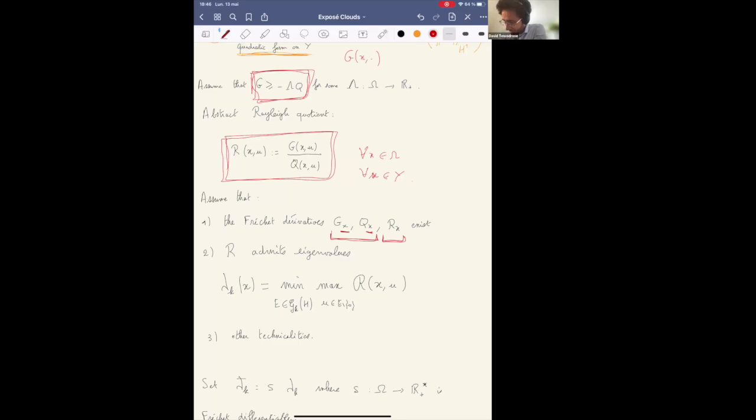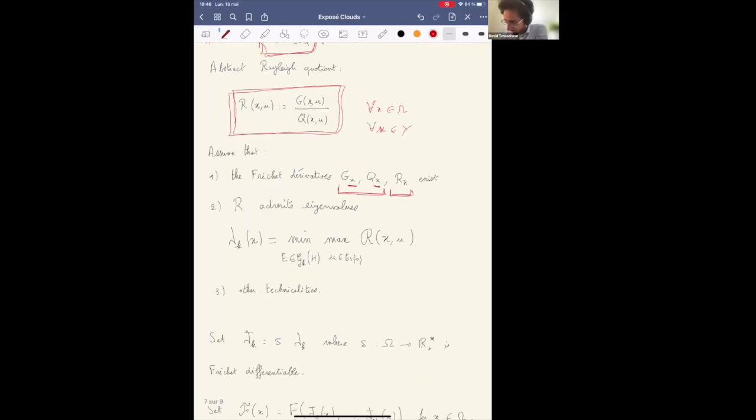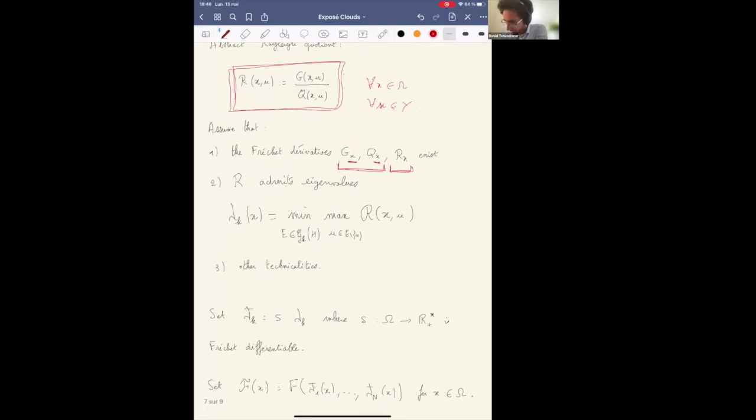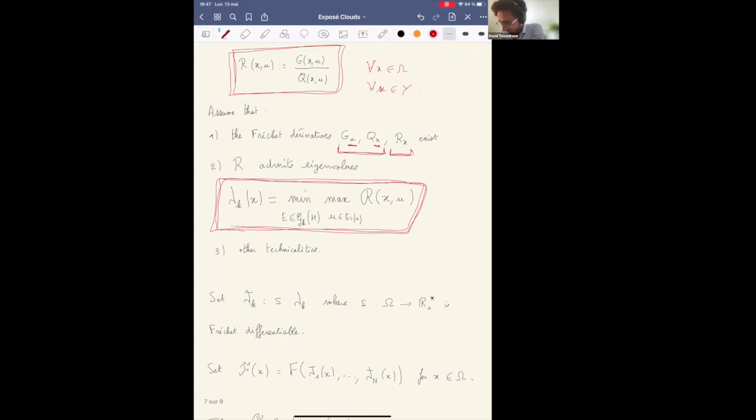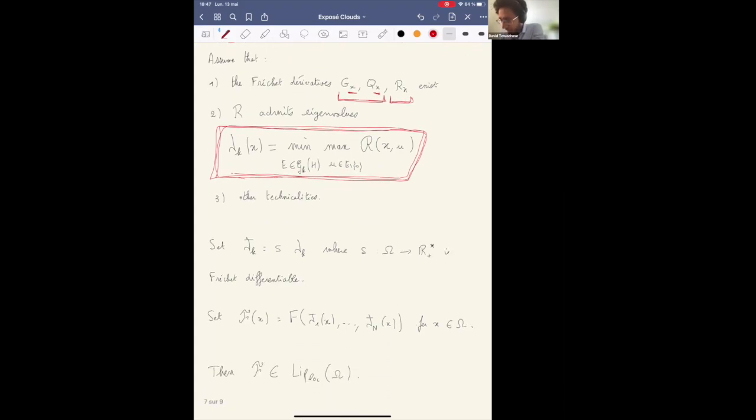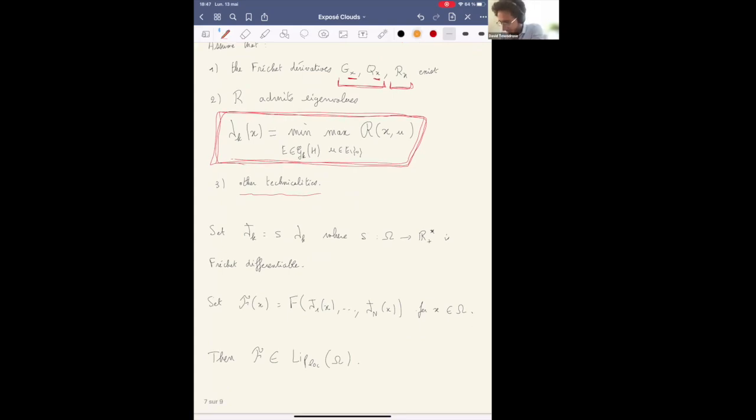And we want R to admit eigenvalues defined by min-max. That's the classical min-max way to define eigenvalues that we have in all the concrete spectra that I mentioned at the beginning. There are other technicalities that I don't want to mention now, but if you want to ask me questions in the end, feel free.